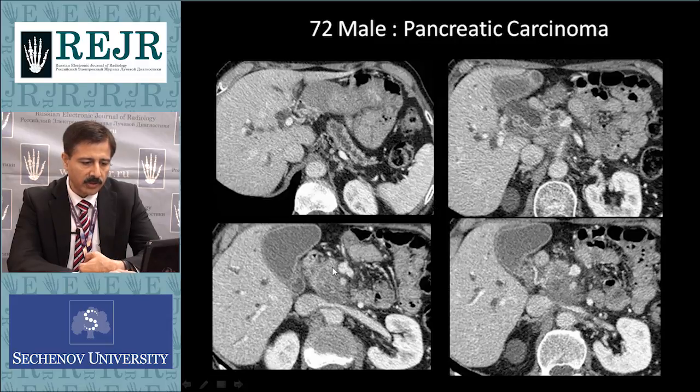Now, the point to remember is that pancreatic carcinomas, the general behavior is that they are hypovascular tumors. So they enhance less than the parenchyma, and they will appear hypodense as compared to the parenchyma.